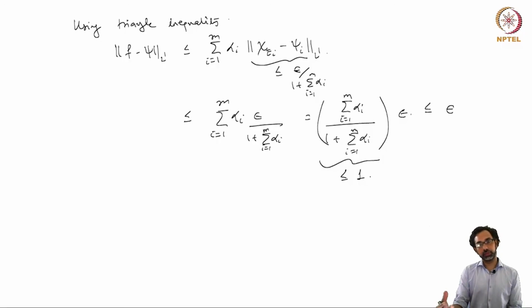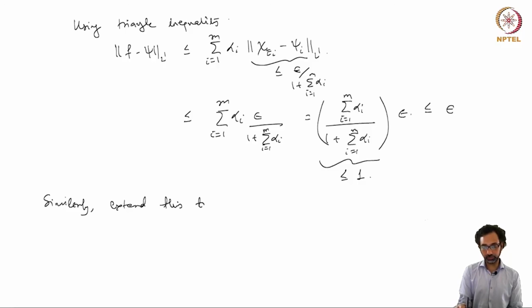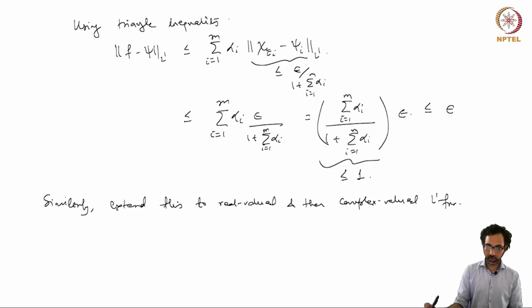So from an unsigned simple function, which is a single indicator function of a measurable set, we find a step function which is close to it, and then we can deduce the general case simply by using the triangle inequality, and then similarly we can extend this to first real valued and then complex valued L1 functions. So this shows part 2.